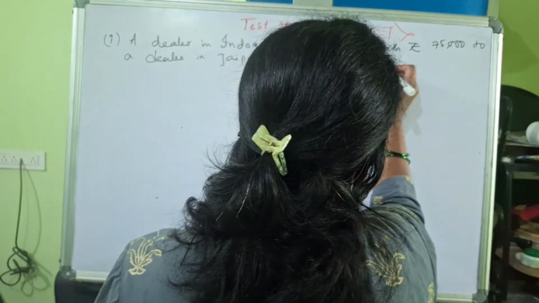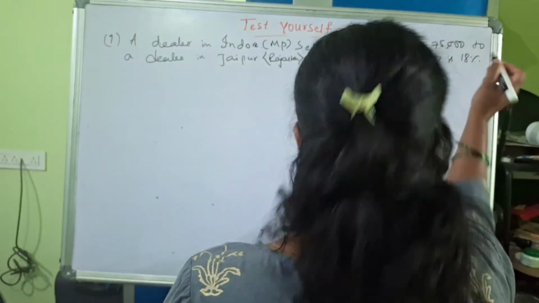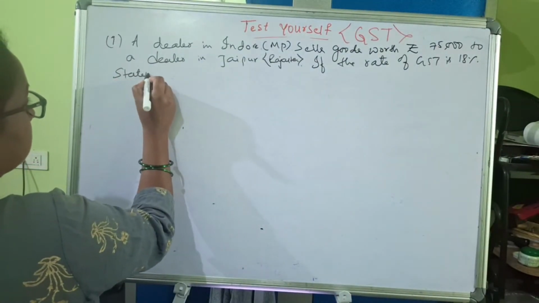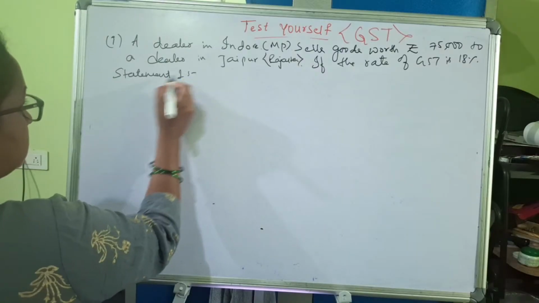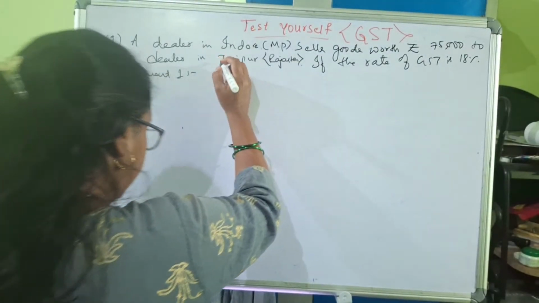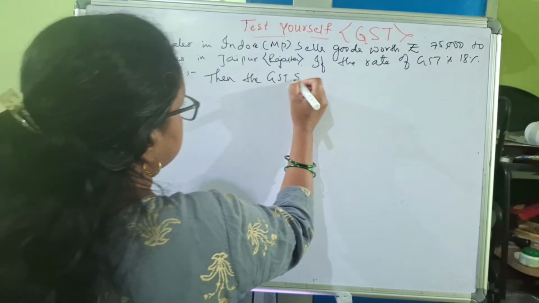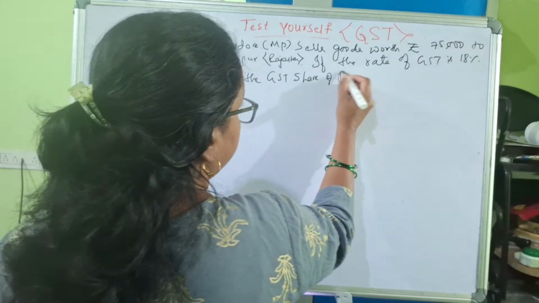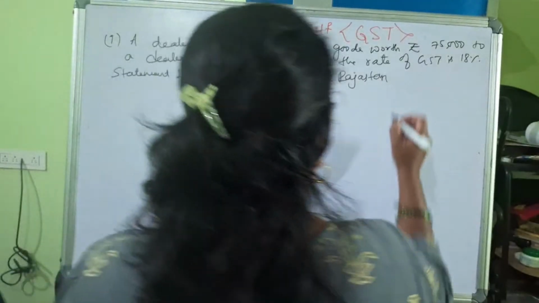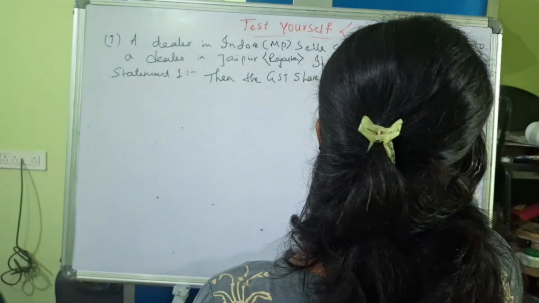If the rate of GST is 18%, statement 1: Then the GST share of Rajasthan is 9% of 75,000.